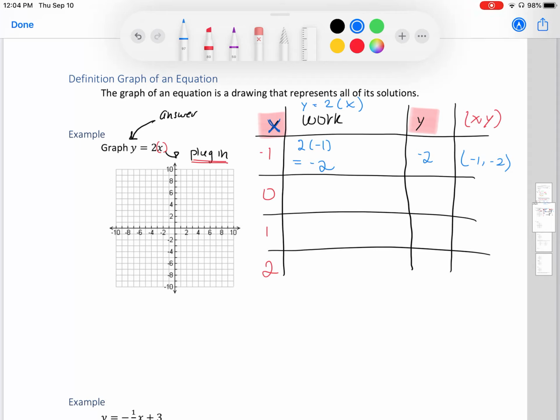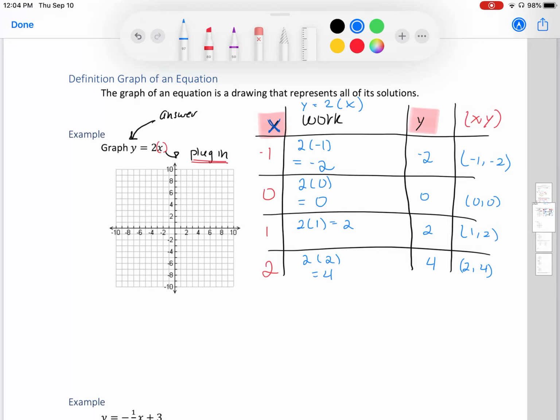Next, we have 2 times 0, which is 0, giving me the point (0, 0). 2 times 1 gives me 2, so I have the point (1, 2). And 2 times 2 gives me 4, so I have (2, 4).